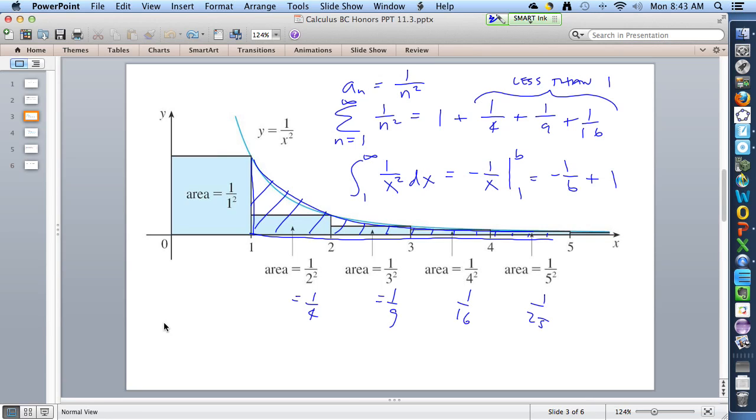Is it just the picture, or does it get more accurate as you get higher? So, are you saying does the integral approximate more of the rectangles? Perhaps, but let me tell you this. This test does not tell you what the series converges to. All this test tells you is that it converges.